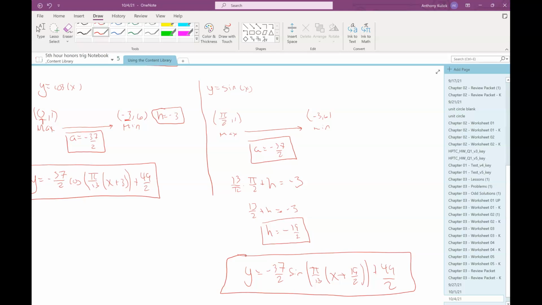Does that feel okay with you guys? Again, for these problems, unless you're specified, you only really need to give one answer. I've just been writing down 2 answers in all these cases because I wanted to show what the difference is in choosing sine versus cosine and just reinforce the fact that you could do either one.